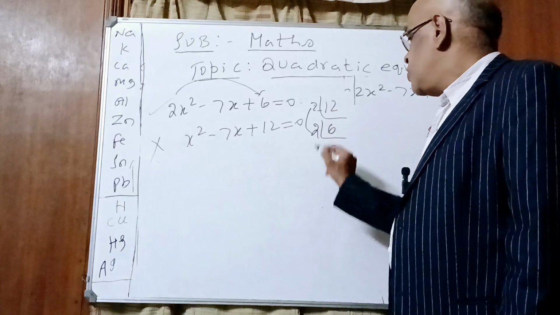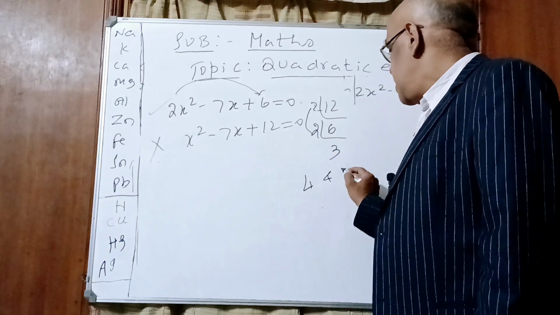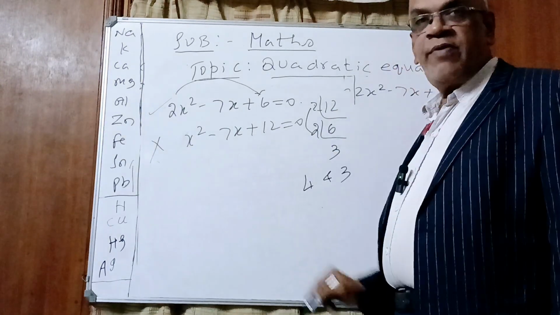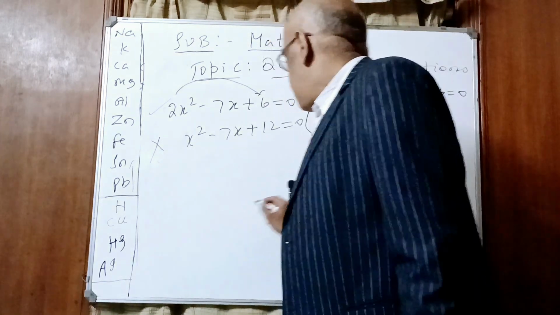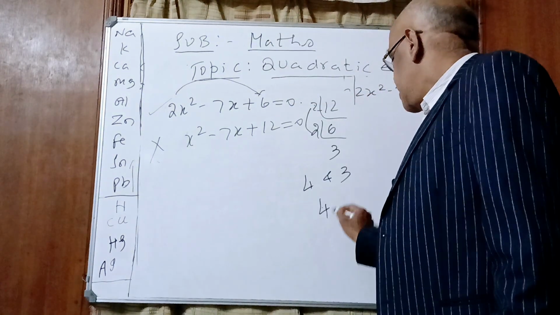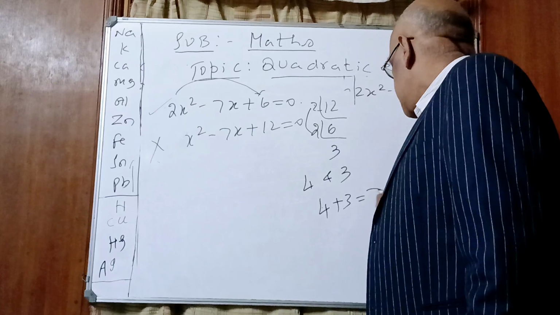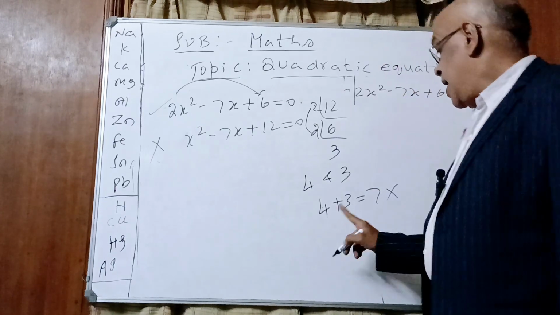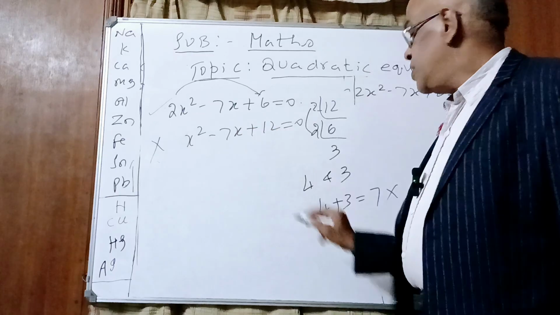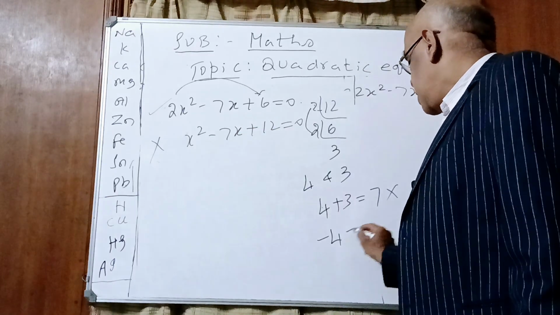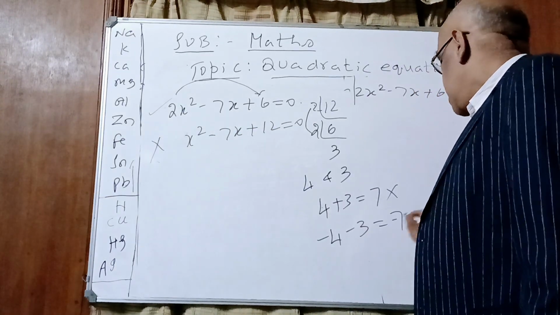Which are the two numbers? 2 2s are 4, 4 and 3. The number is 7, which means we have to add. 4 plus 3, 7. The answer is correct, but the sign doesn't tally. So take minus 4, minus 3, minus 7.